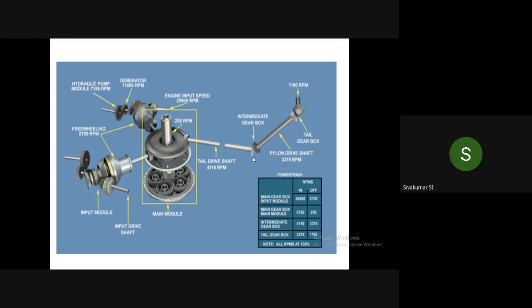He did the design calculation, the gear ratio, how the gear ratio is transmitted from the engine to the transmission and to the swash plate assembly, and made all the design calculations. He also did the fabrication with some alloy and steel.